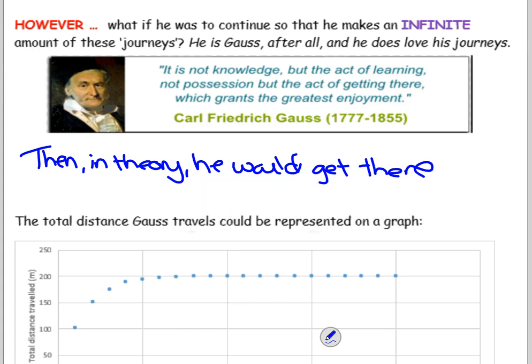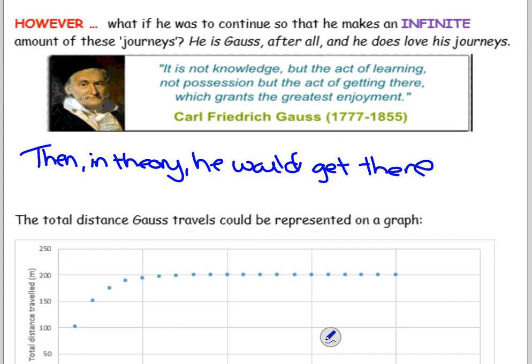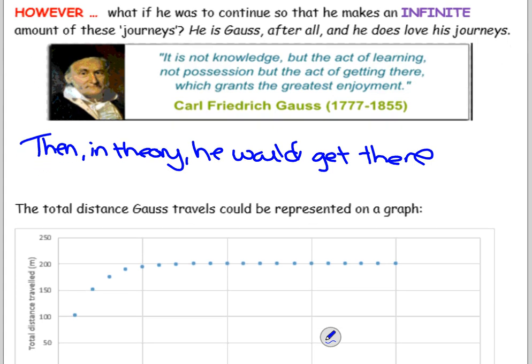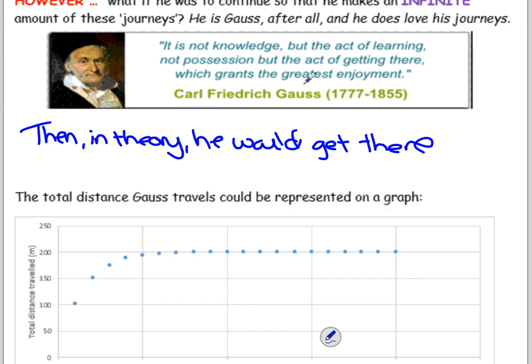And then I've made a graph. So then in theory he would get there. You can write it in your own words if you want. So that is actually a quote. It's supposed to be a quote from him. There's a lot of quotes from Gauss.